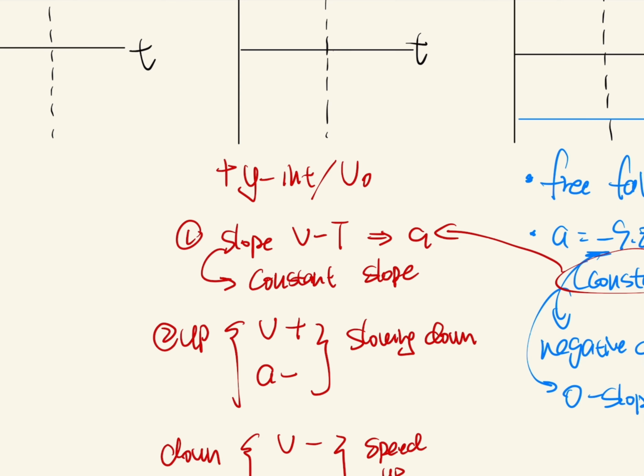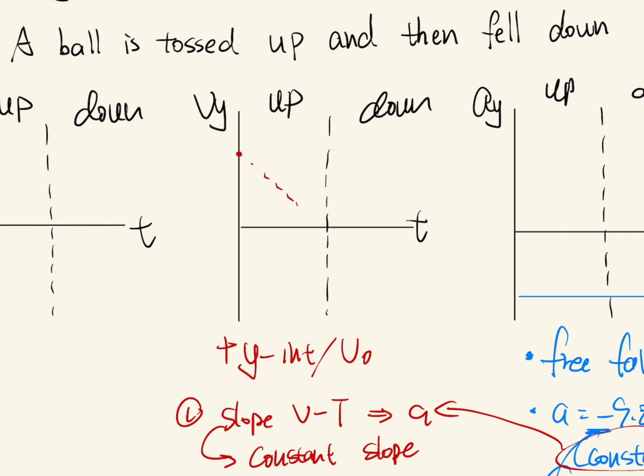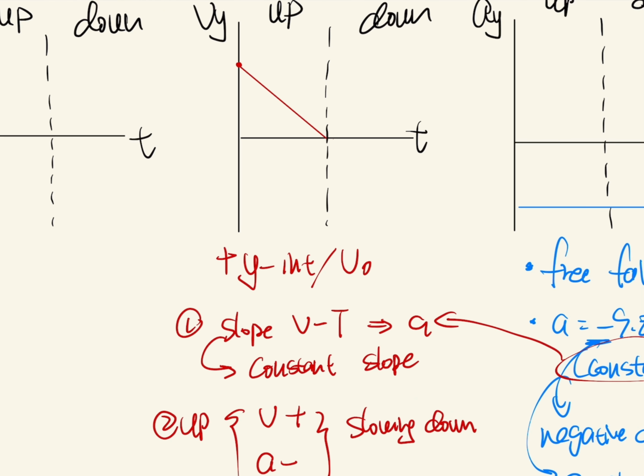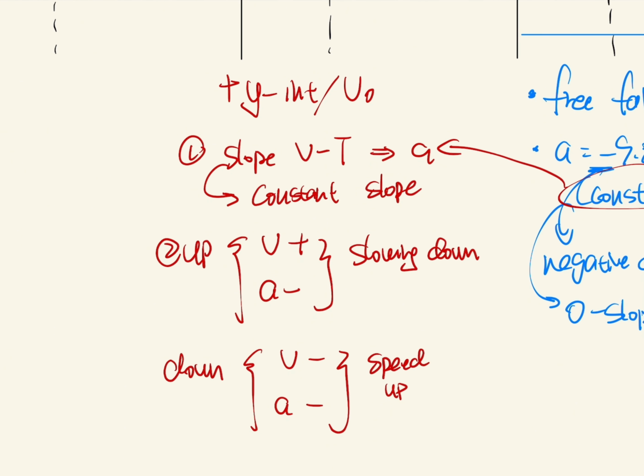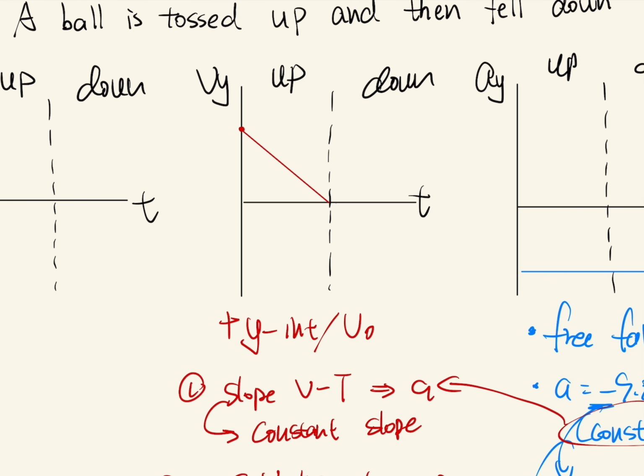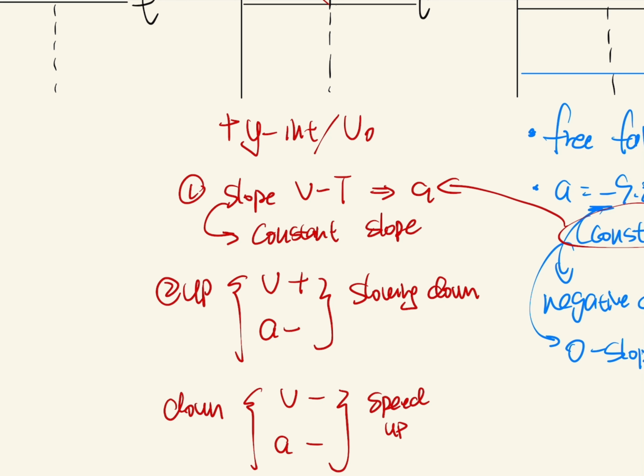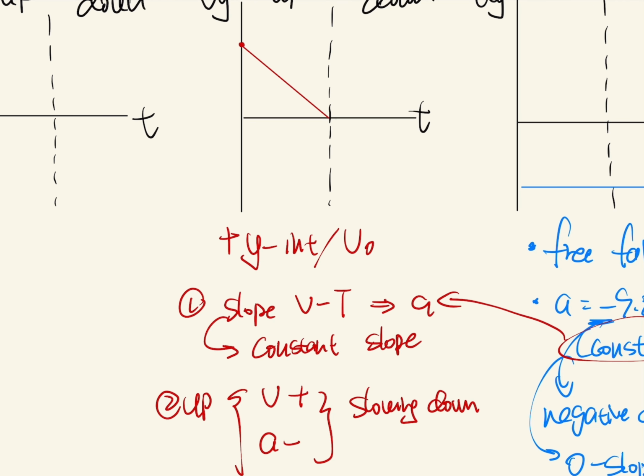So for this first part, we know that the y data point is getting closer to the x-axis. So it will look like this. And what's more, when the ball is going down, it's speeding up, so the y data point is getting further from the x-axis, like this. So again, we get a graph like this, downward sloping.